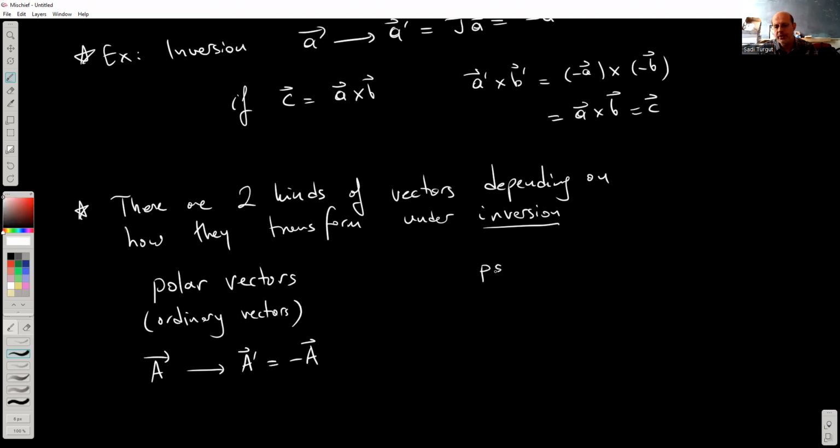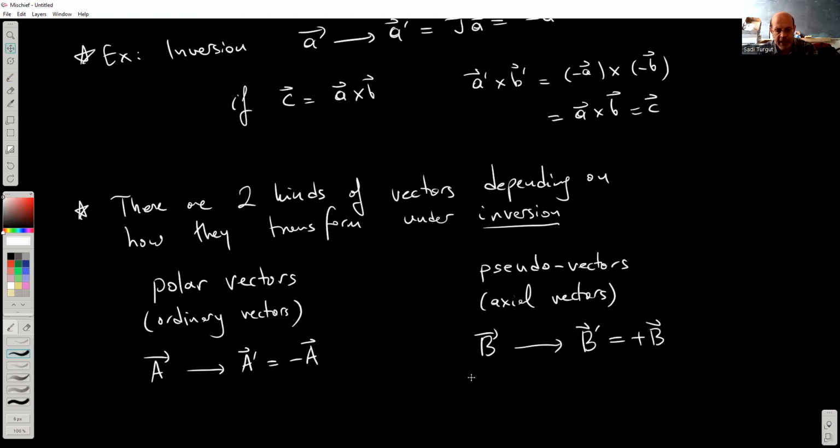And then there are pseudovectors. So these are also called the axial vectors. Let's call them D, for example. Under an inversion, they actually do not change sign. They remain the same. Okay.